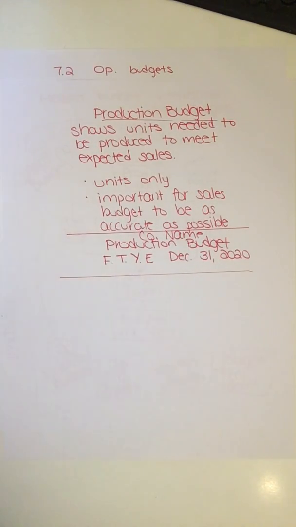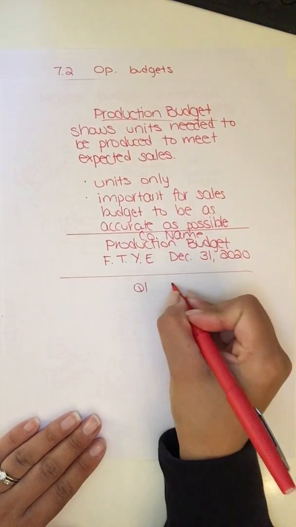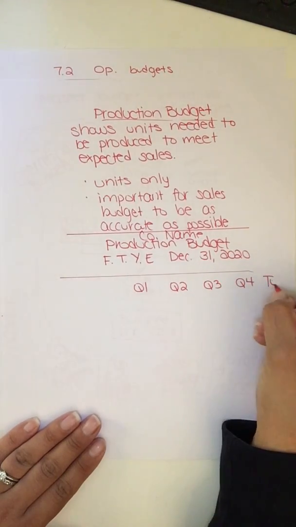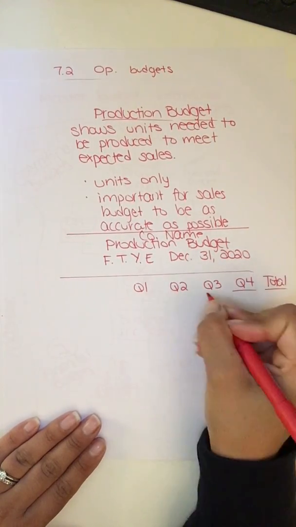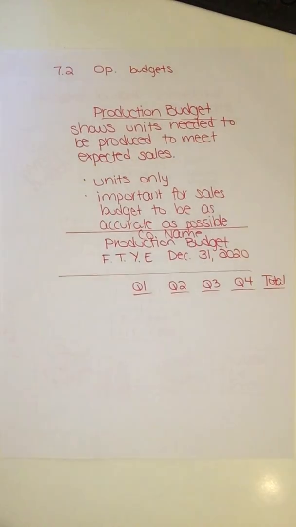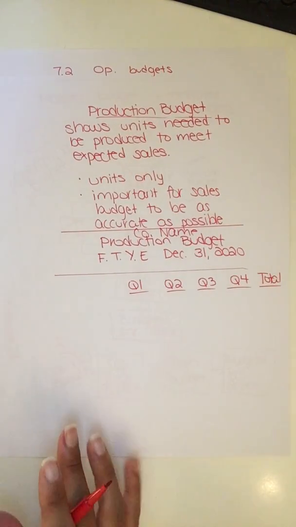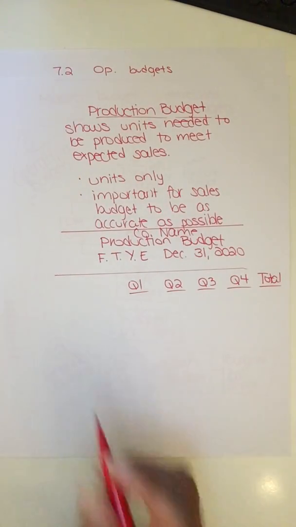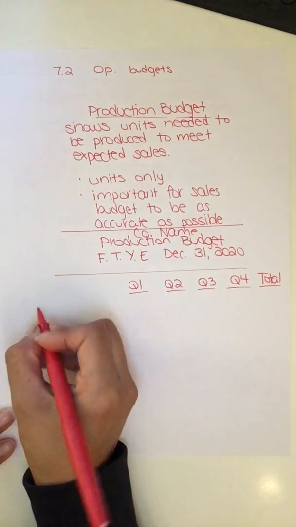Now the format for this one's a little different than we're used to. It's still by quarters, so let's do Q1, Q2, Q3, Q4, and then total. So those are your columns, and those columns mirror what we saw in the sales budget, if you remember from our last one. And now the first row is going to be our expected sales.